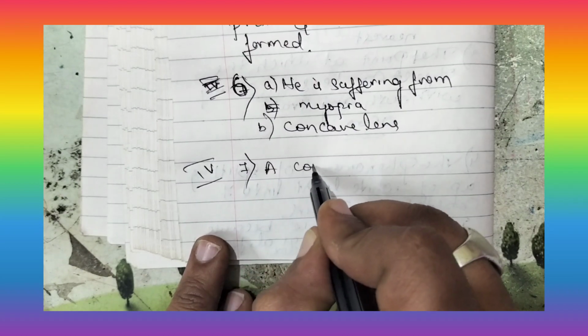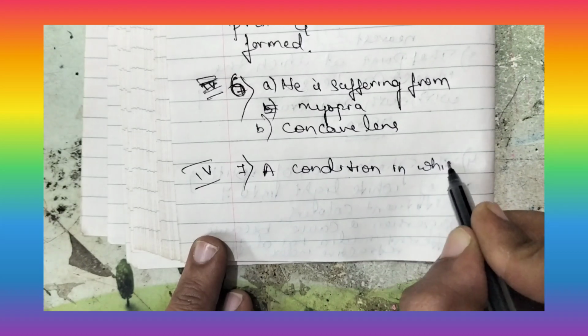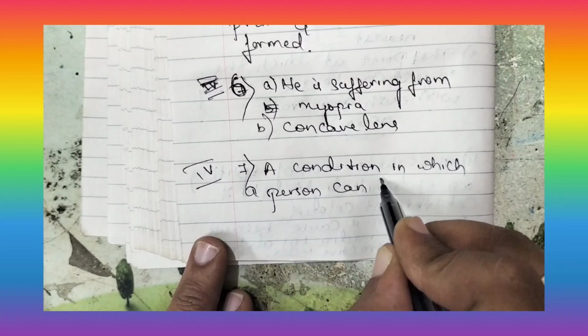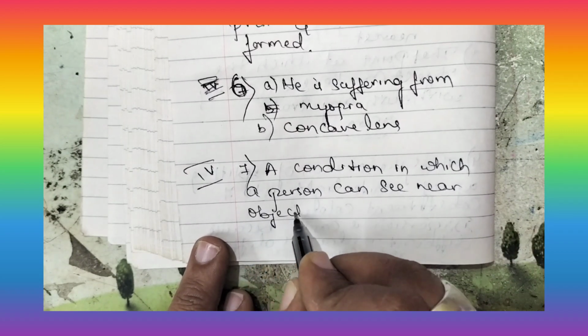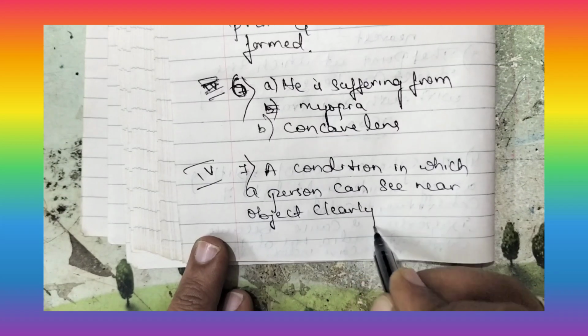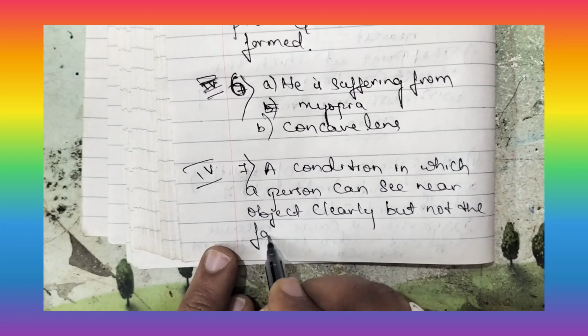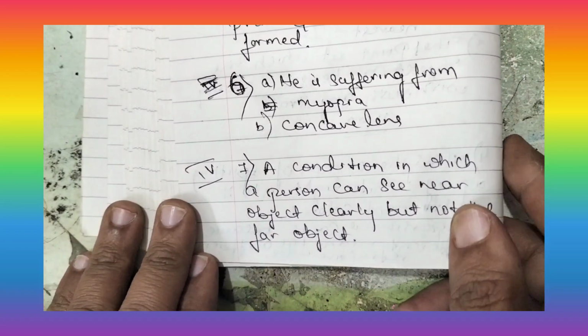A condition in which a person can see near objects clearly but not the far object. Now let us see what is the meaning of myopia. Next we should know what is the cause for myopia.